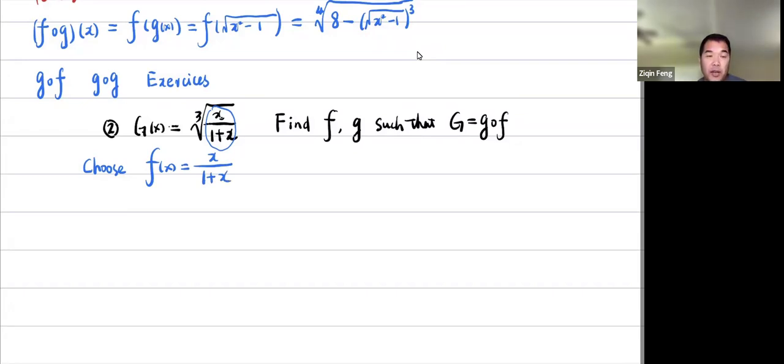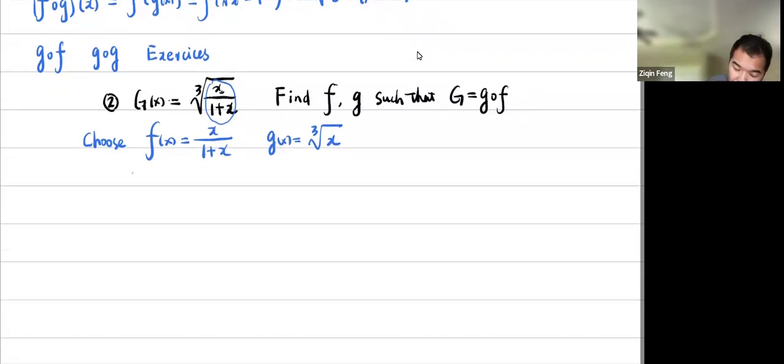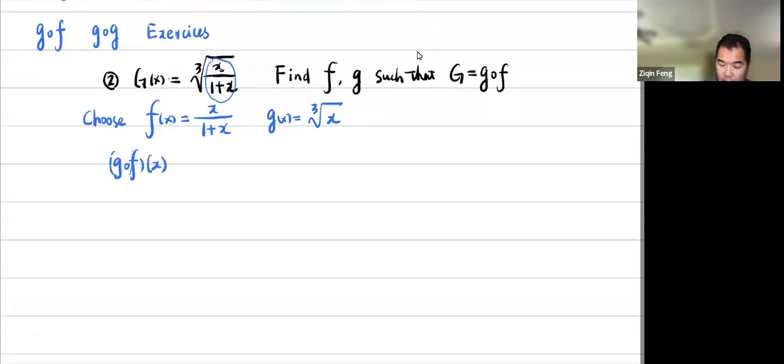Now, after you apply this function, what do you do? You take a third root. So our outer function g of x should be the third root of x. If this happens, then the composition of g and f, let's try to verify that, is equal to g of f of x, which is g of x over 1 plus x.